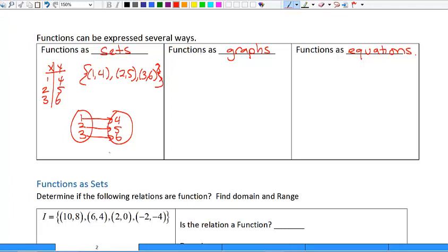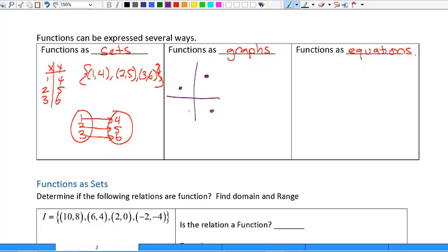All three of these are functions as sets, which are individual points. This only works for a finite number of ordered pairs. If it's an infinite amount of ordered pairs, you would probably not want to write them all down, as it would take you forever.